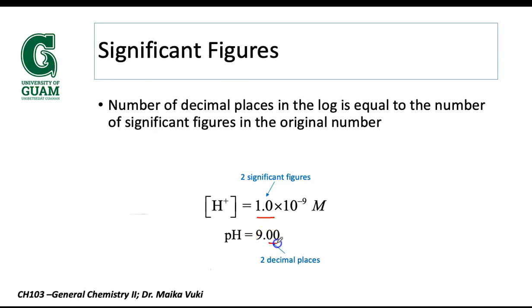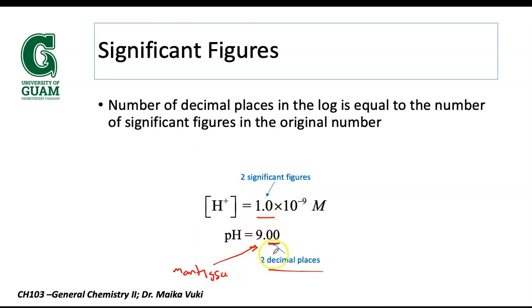The reason is that the number of decimal places in the pH reflects the number of significant figures in the concentration. The 9 here is the exponent, the power of 10, so this doesn't carry the significant figure representation.